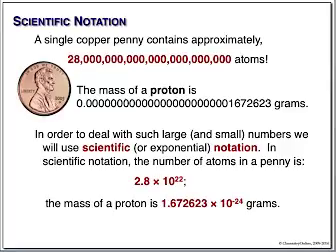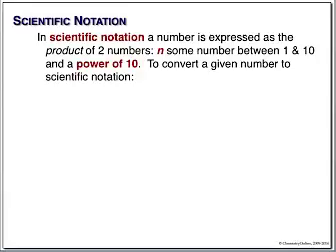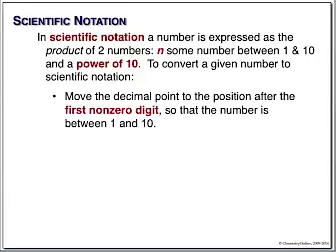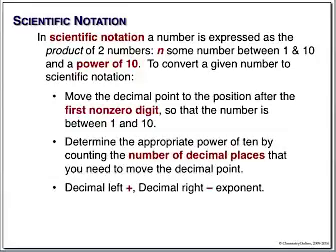Now the process of going from decimal to scientific notation is not difficult. Very simple set of rules. What we're going to do is take a number. We're going to move the decimal point, or the implied decimal point, so it's after the first non-zero digit.